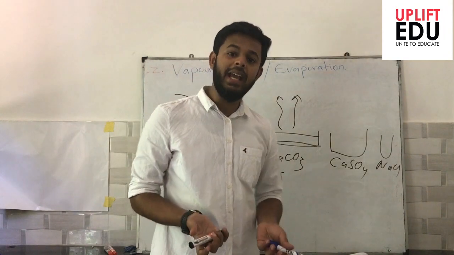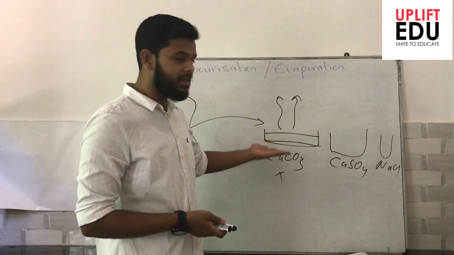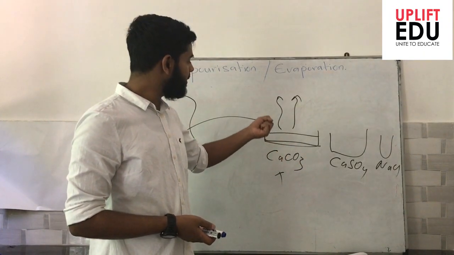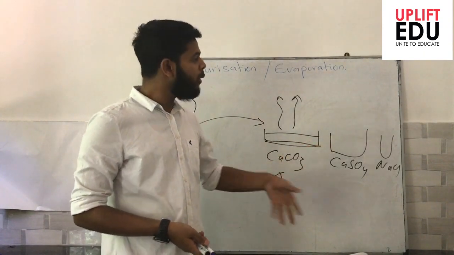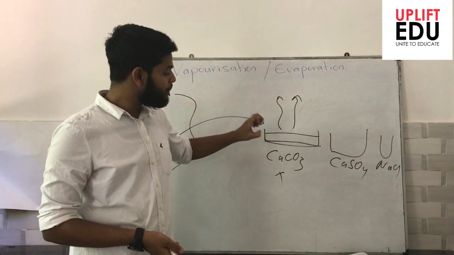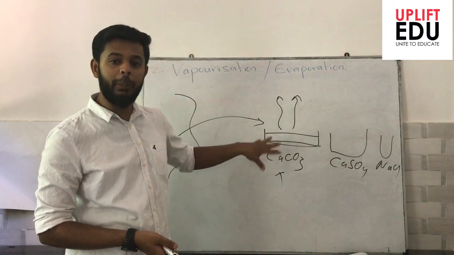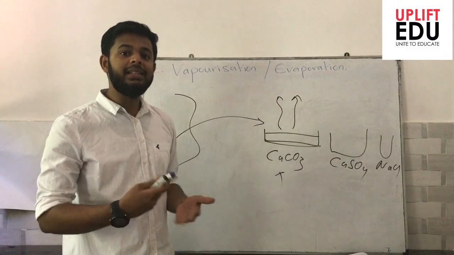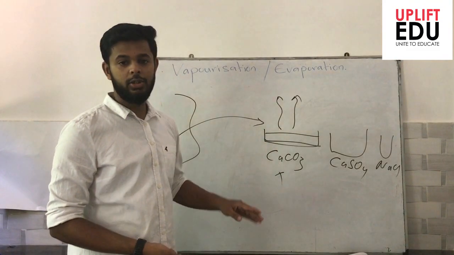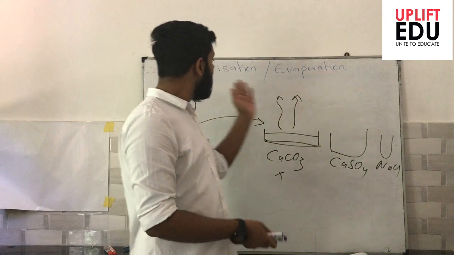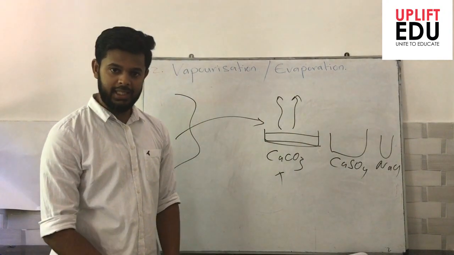So the idea is very simple. They are exposing it to sunlight and allowing the solvent to evaporate or vaporize, and the solution gets saturated with the particular solute, and it starts forming precipitate. This is the simple idea behind vaporization or evaporation.